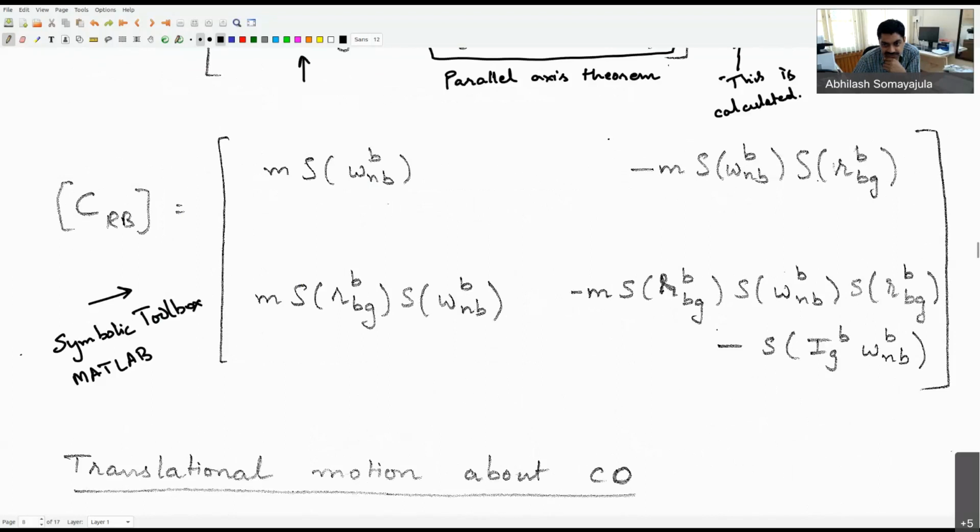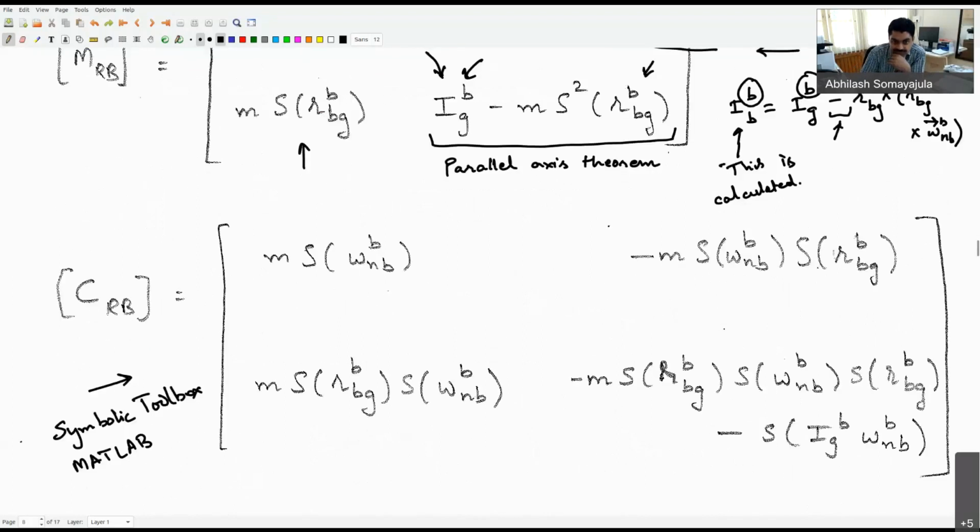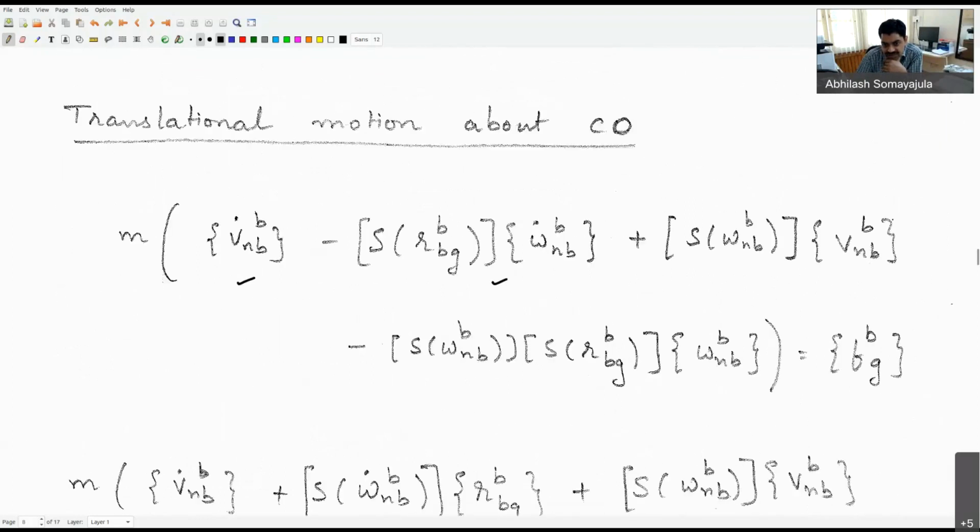This term gets multiplied by V_nbb, and this term gets multiplied by omega_nbb. That's all, I'm collecting the terms. And that would be giving me the force vector about the body-fixed frame.